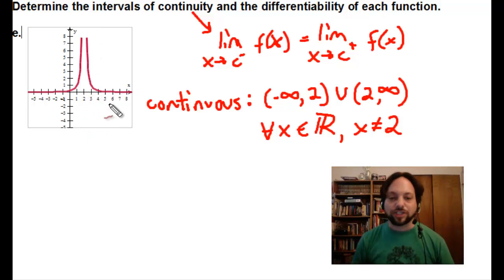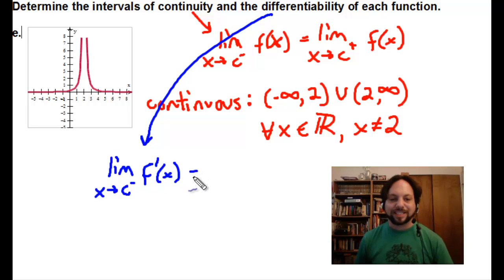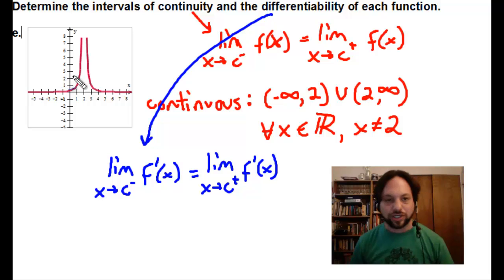So let's talk about differentiability. Differentiability essentially means, and I'm going to draw this down here, that the limit as we approach from the left of the derivative is the same as the limit as we approach from the right of the derivative. So you can see that it's very much related to continuity, except we're dealing with the derivative now. Where does this function seem to break its differentiability? Where can we not find the slope of a tangent line?